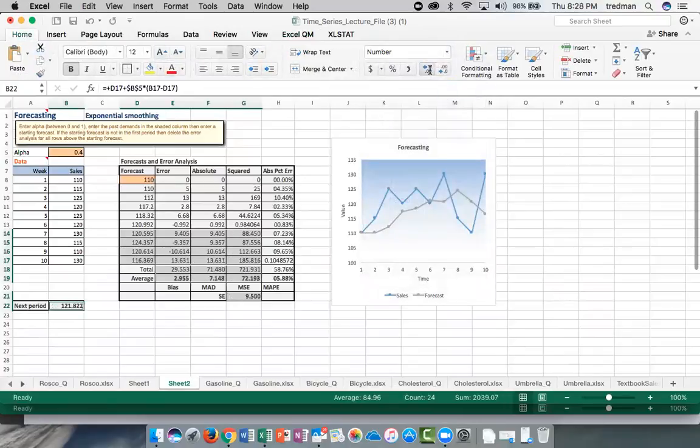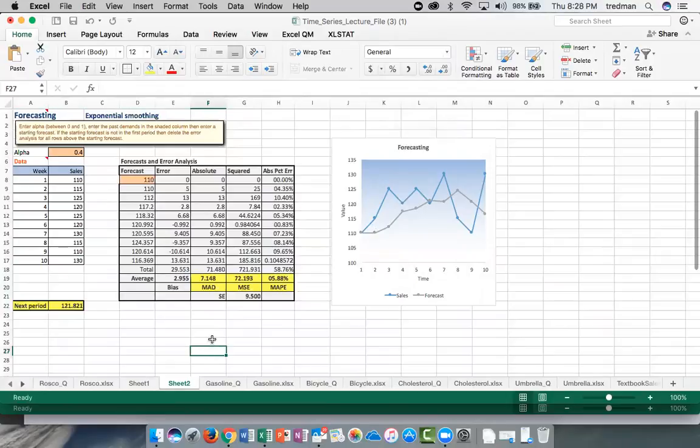I just like to have fewer decimal places so it's not so confusing looking. And here's my MAD, MSE, and MAPE. If I choose this one, I will get a next period forecast of 121.821.